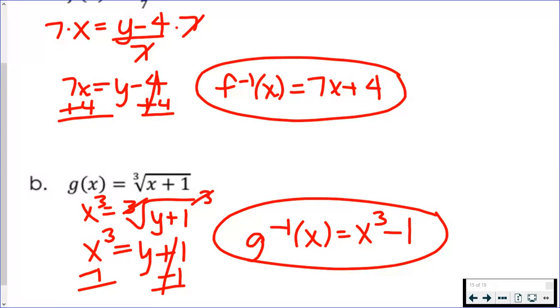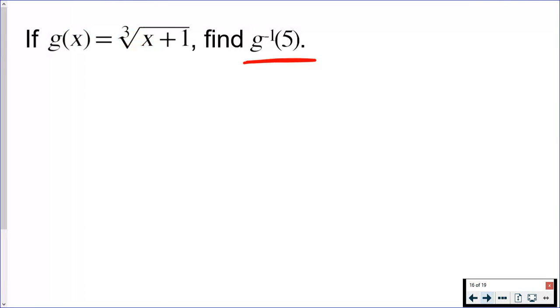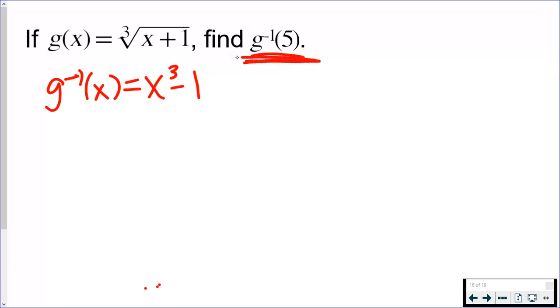It's a nice coincidence. The inverse is x cubed minus 1. If you want to find this, you plug in 5 and you simplify.